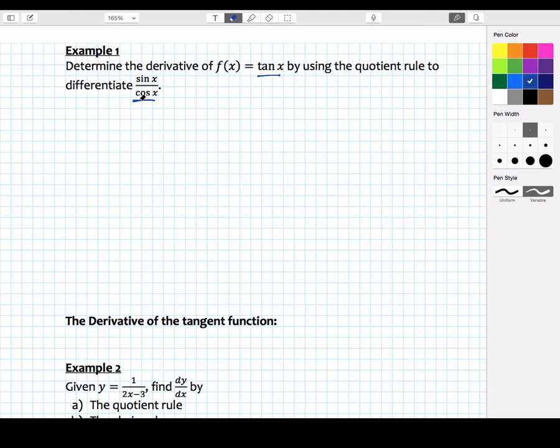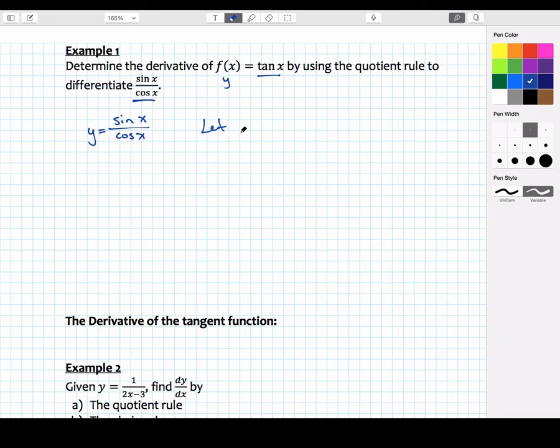We should make some substitutions here. Let's call f of x y, and so y is sine x over cosine x. So let's make some substitutions. Anyone have a suggestion?